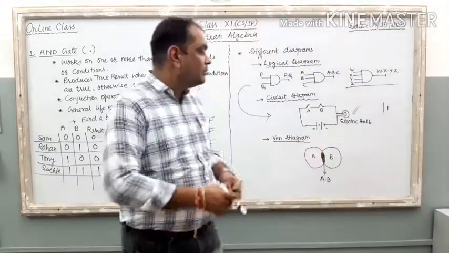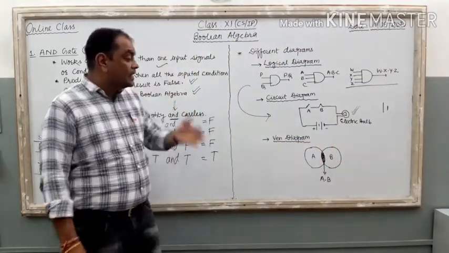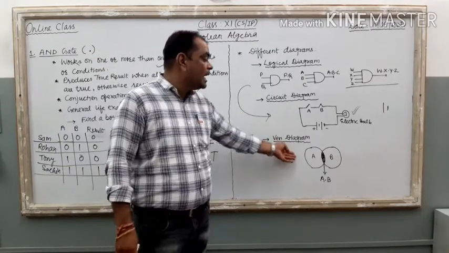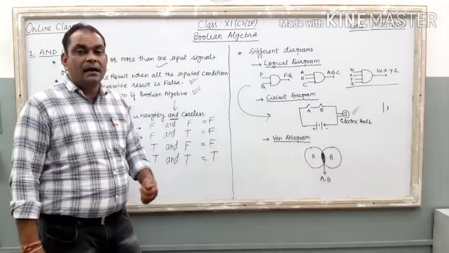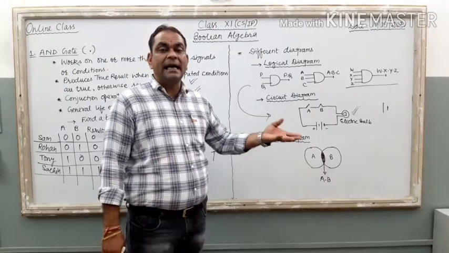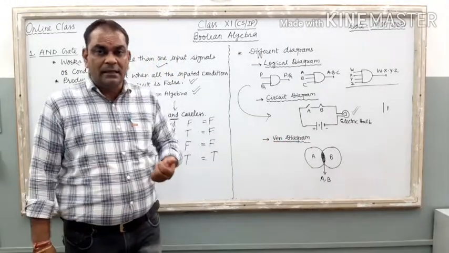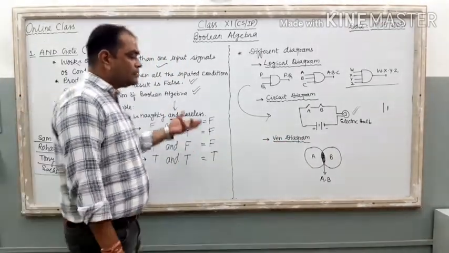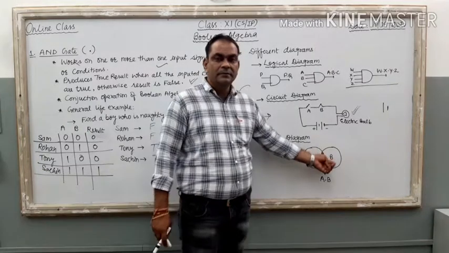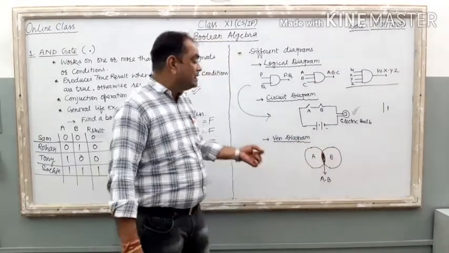Now the last diagram is related with mathematics, and it is known as the Venn diagram. Venn diagram means it depends on sets. Sets are there, I think, in class 10 mathematics. Two different sets are there, A and B. Which one is A dot B?